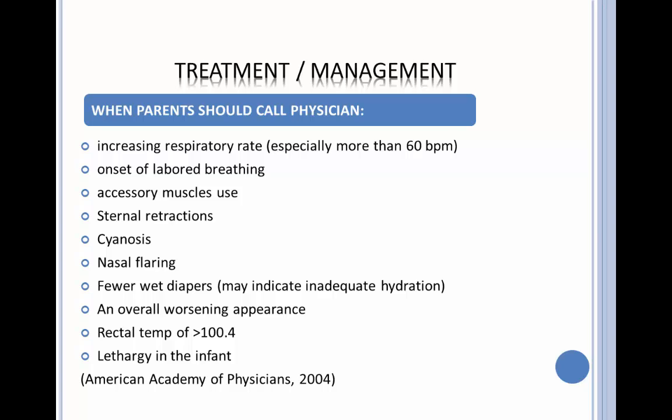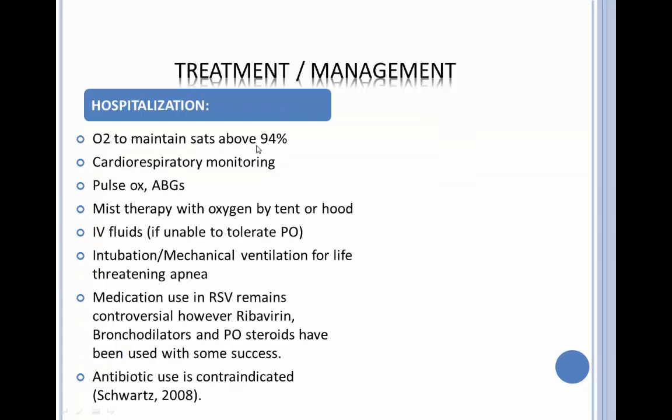If you have any underlying cardiac disorder or immunodeficiency, that is very obvious, right? If you have sternal retraction or cyanosis, or signs or symptoms of dehydration, such as dry diapers, or an overall worsening appearance. So this is more or less what I explained: you have to be very attentive because patients could lead to respiratory failure.